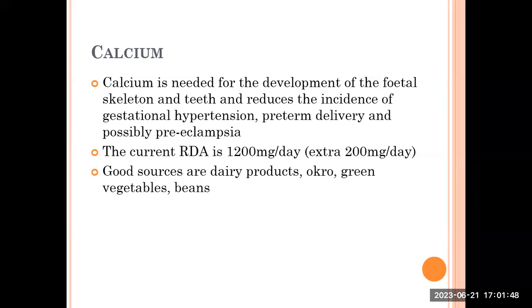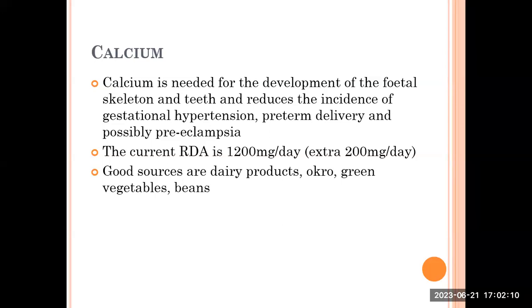So we don't have to go for milk, because dairy products are very expensive here. We don't drink our milk; we rather use it for other things. Now, Wagashi is a dairy product, so encouraging the intake of Wagashi is also very important to provide some calcium for mothers.